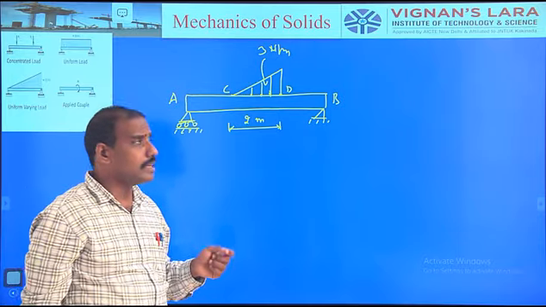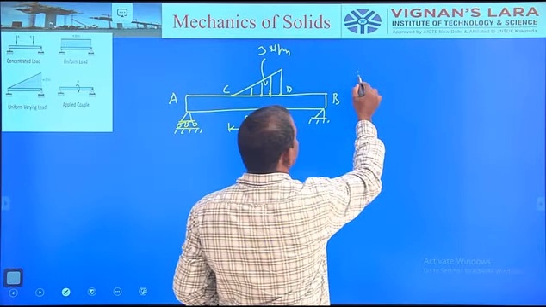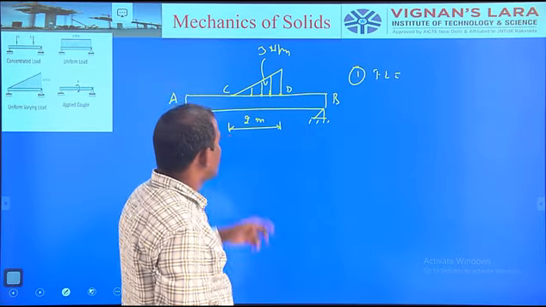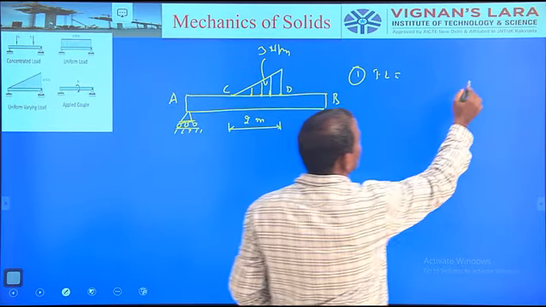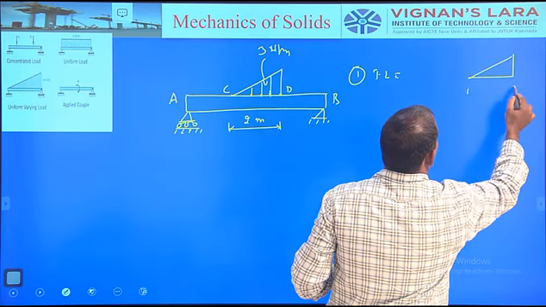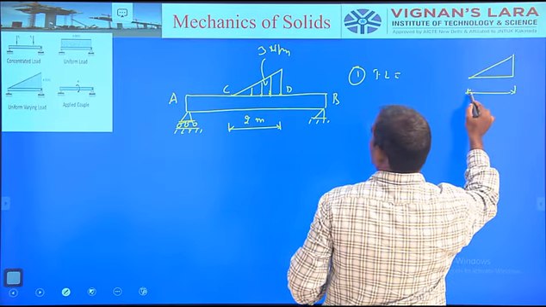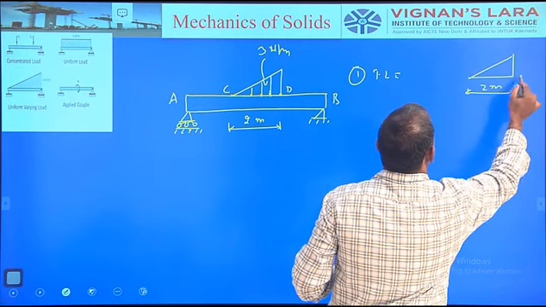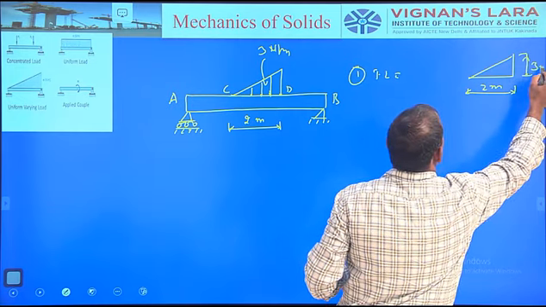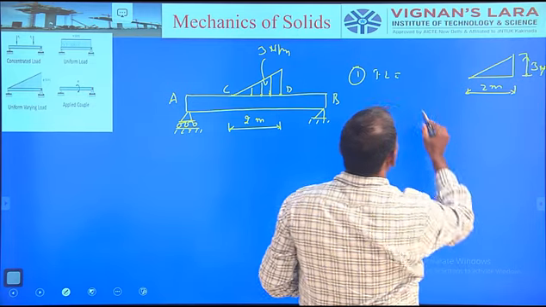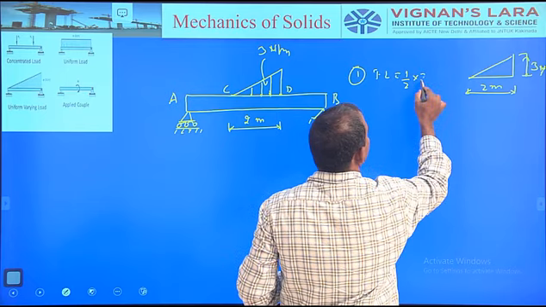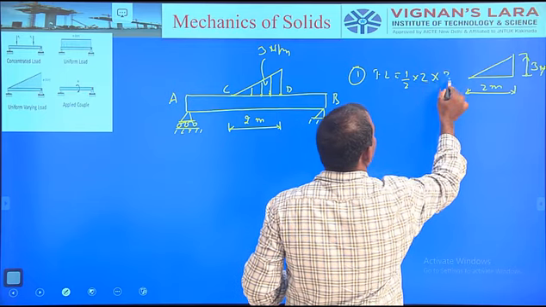Again we have to calculate the total load. The first step is the total load, which, based on the geometry, has a base of 2 meters. The rate of load is 3 newtons per meter. So that is equal to half into the base 2 into the height 3.